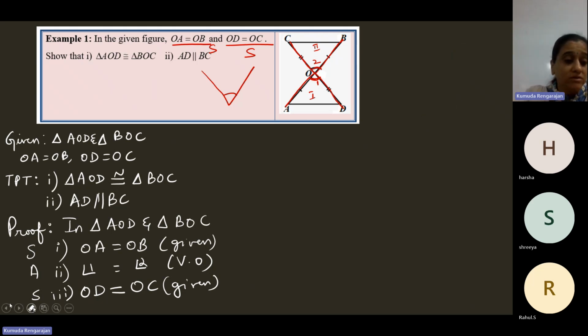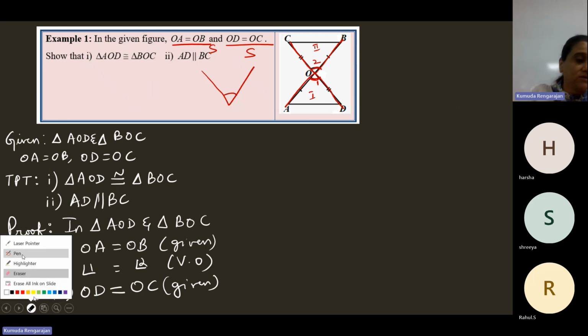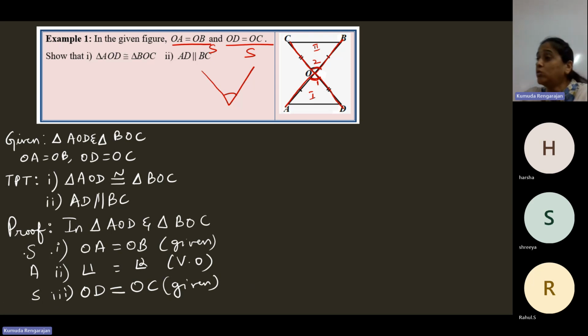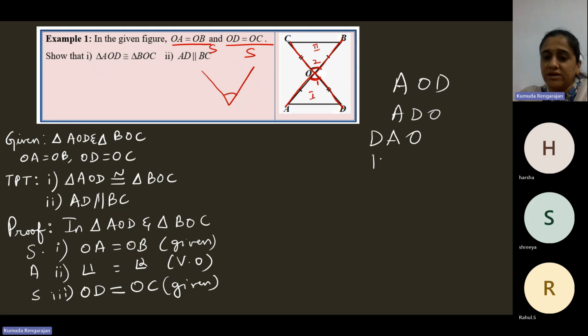Now, the other very important thing is how to name the two triangles. This first triangle AOD, you can call it AOD, you can call it ADO, you can call it DAO, you can call it DOA, you can call it OAD.